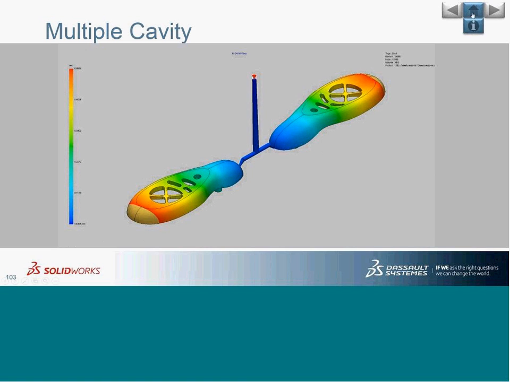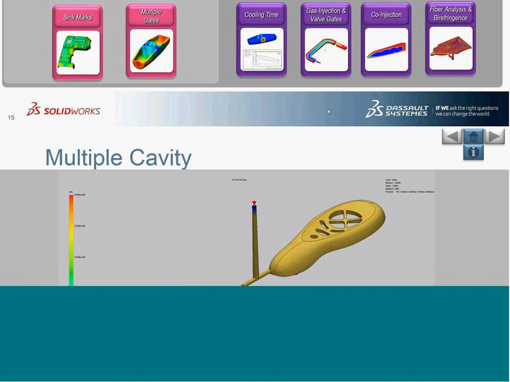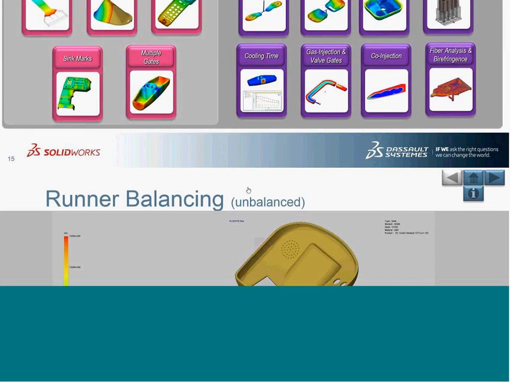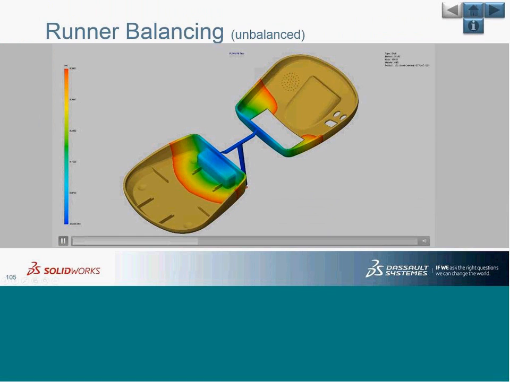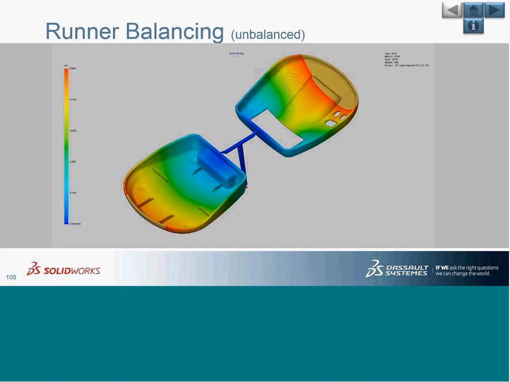Moving on to balancing, as I told you, this runner and gating system is there. In what you are seeing on the screen, the left part fills first and the right part fills later than the left part. Obviously, a different amount of plastic will be injected into the right part, and it can lead to density differences between parts.